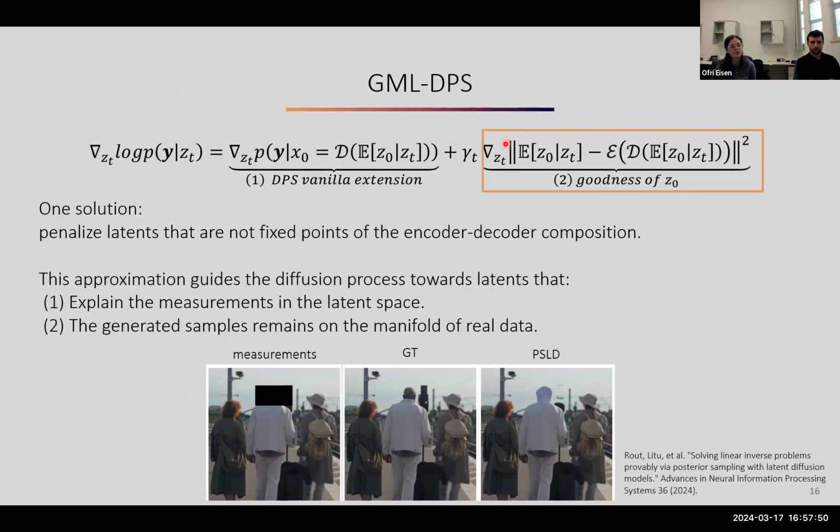If you think of the manifold of real images, if we have a good encoder and decoder, then when we decode and then encode the images, we'll be back at the same point, the same latent vector that we were at, just like Free mentioned in the previous lecture. So this term penalizes images that are not on the manifold of real data, and hence, if they're not on the manifold, the encoder and decoder won't act like a unit operator.